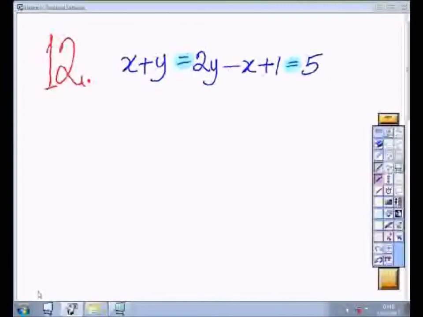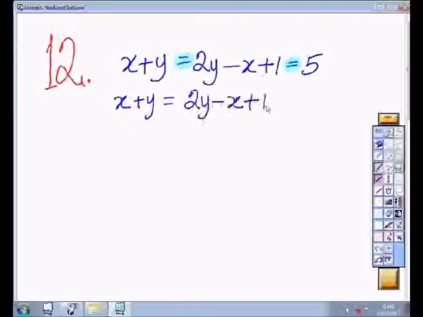In this question here, there are 2 linear equations which are x plus y is equal to 2y minus x plus 1, while the other one is equation 2y minus x plus 1 is equal to 5.